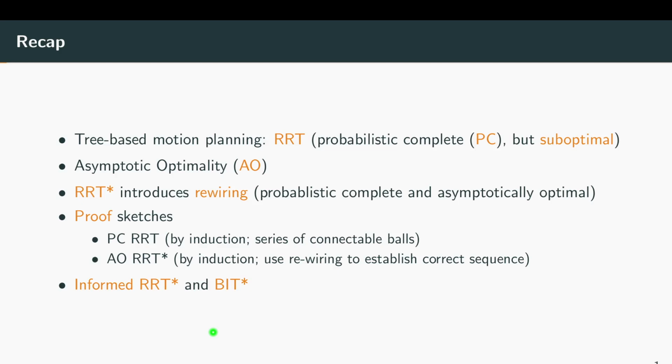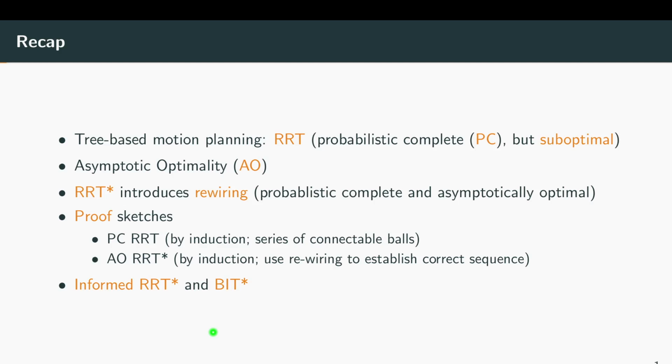And then also last time, there were a few theoretical insights on how these properties can be proven. For the probabilistic completeness, it was some sort of induction-based proof, mostly in pictures with little balls that we show can be connected. For the proof of asymptotic optimality, we also have to ensure that the sequence itself is correct, not only that we can connect it in any way.